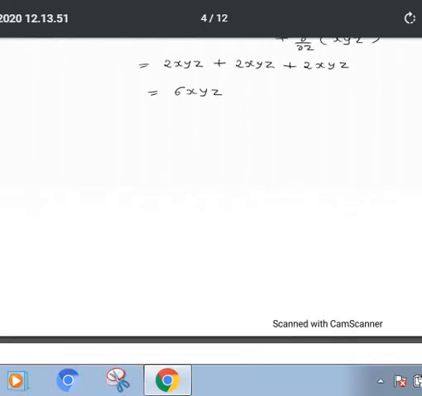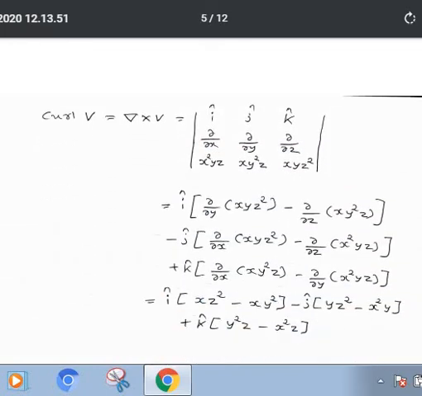Now we have to find out its curl. How to find curl?